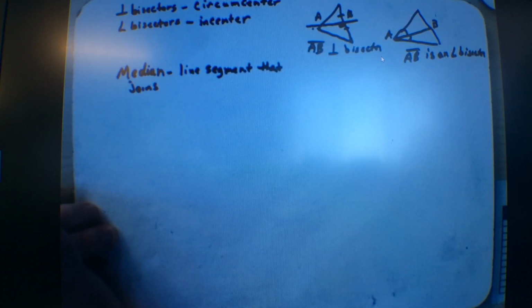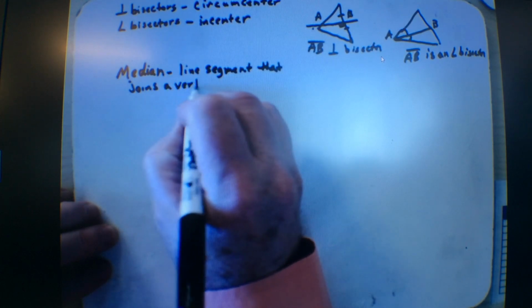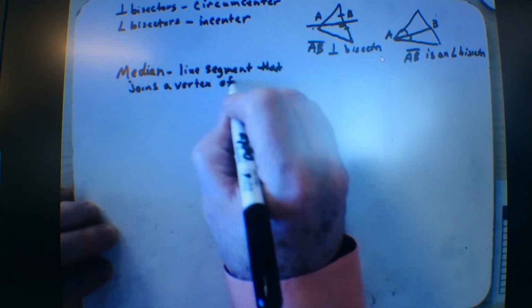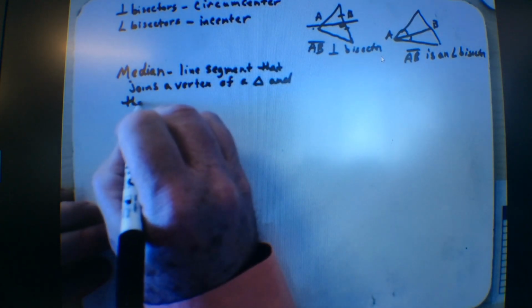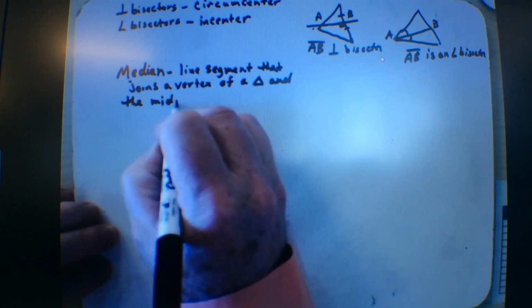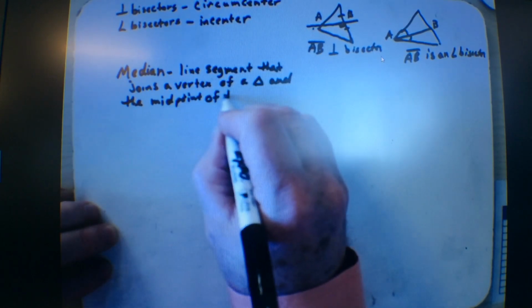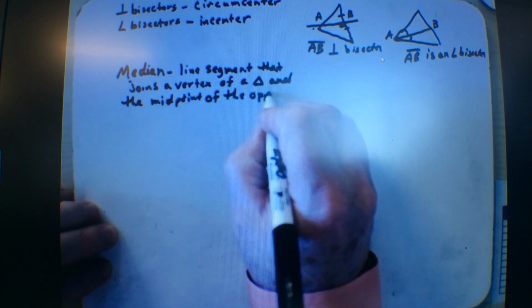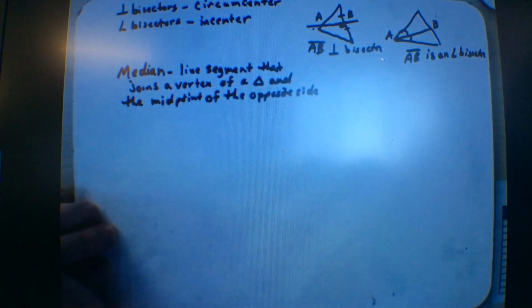No. A median is a line segment that joins a vertex of a triangle and the midpoint of the opposite side. A median is a line segment that joins the vertex of a triangle and the midpoint of the other side.